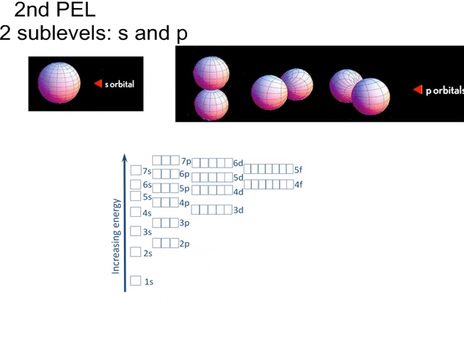The second principal energy level, here I've abbreviated that as PEL, will have 2 sublevels, the S and the P. The S sublevel is just like the 1S sublevel, except that it'll be a bigger sphere because it's got to be superimposed over the first S sublevel, the 1S. But the second principal energy level also has a 2p sublevel, which has 3 orbitals, 3 electron clouds.